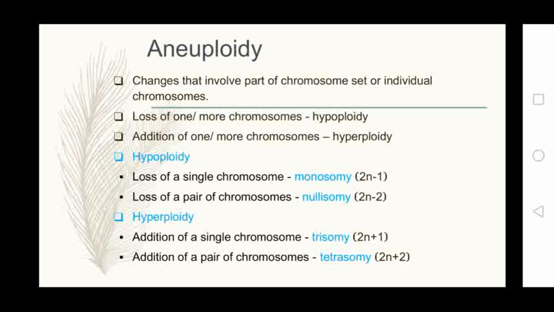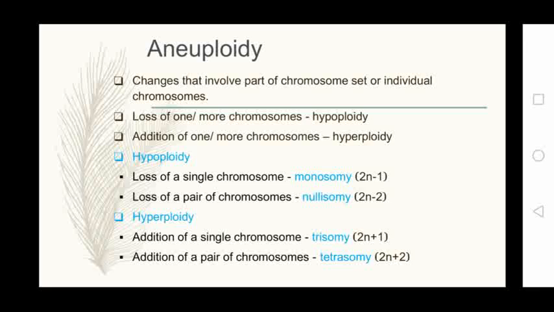Loss of one or more chromosomes is known as hypoploidy, and addition of one or more chromosomes is known as hyperploidy. So an increase in chromosome number is usually represented as hyperploidy, and a decrease in chromosome number is represented as hypoploidy.